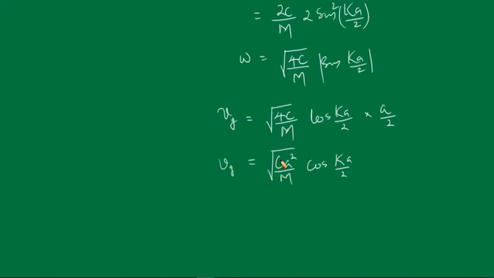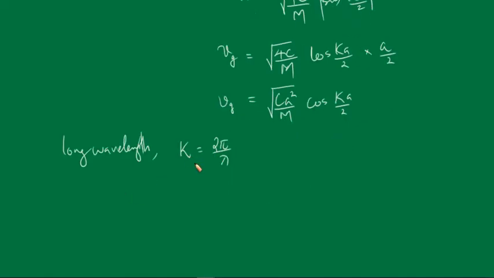Now let us see the long wavelength limit case. Long wavelength means in the long wavelength limit, lambda is large. That means k, which is equal to 2 pi divided by lambda, is small. So in this limit, we can write ka is very much less than 1.